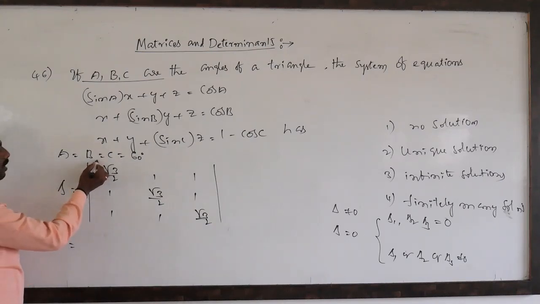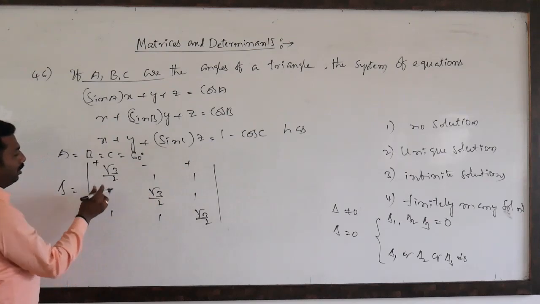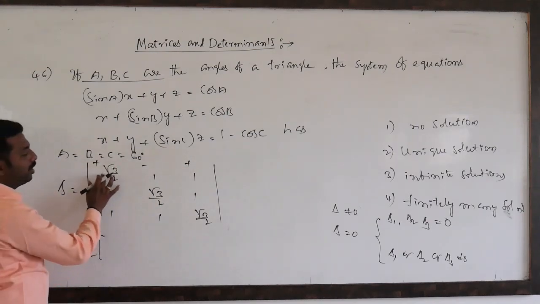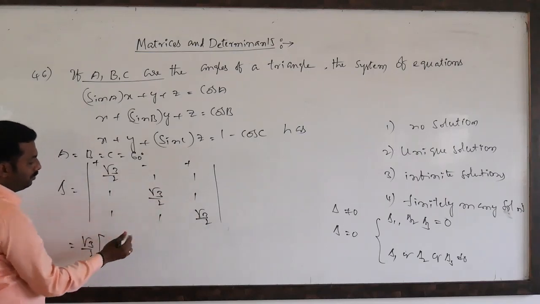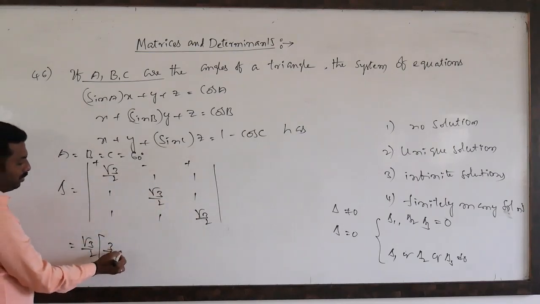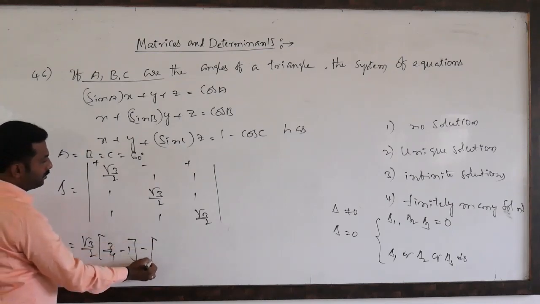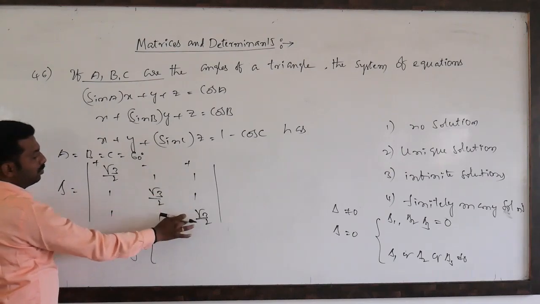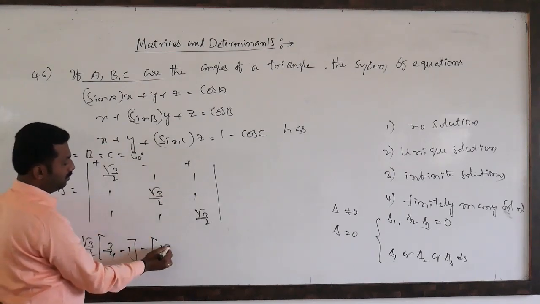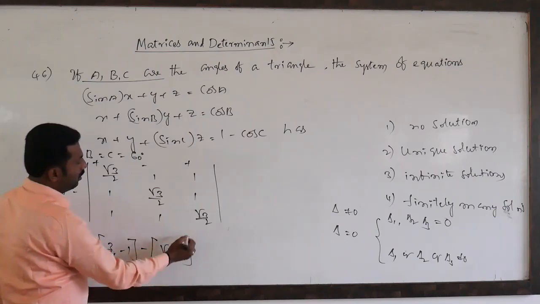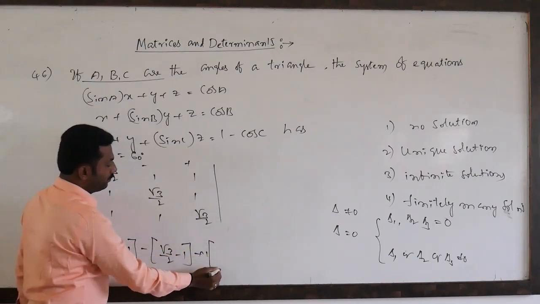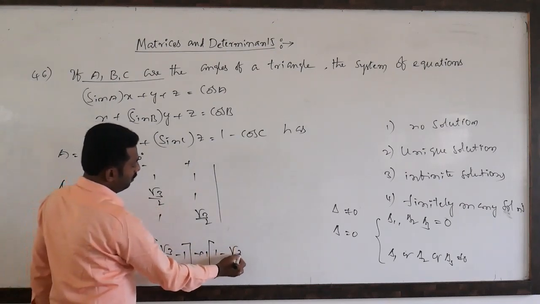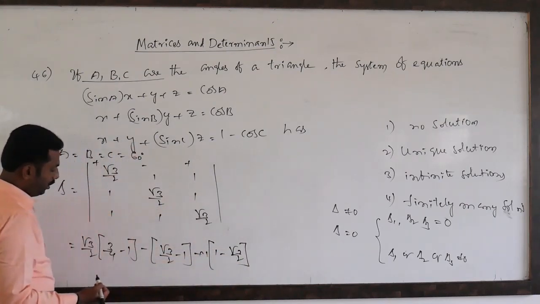See, if we expand along the first row: root 3 by 2 into, closing this column and row, root 3 by 2 times root 3 by 2, that is 3 by 4 minus 1. Minus 1 into, closing this column and this row, root 3 by 2 minus 1. Plus 1 into, closing this column and this row, 1 minus root 3 by 2.